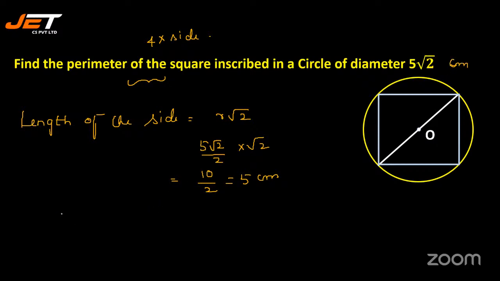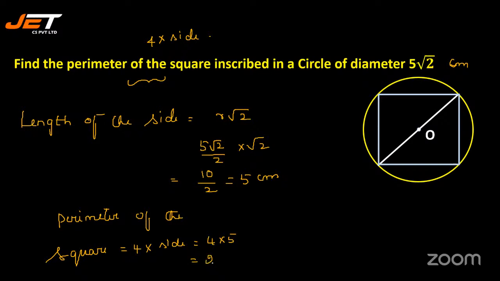Okay. Now they're asking us to find out the perimeter. So the perimeter of the square formula is 4 times the side. That is 4 into 5, which is 20 centimeter.